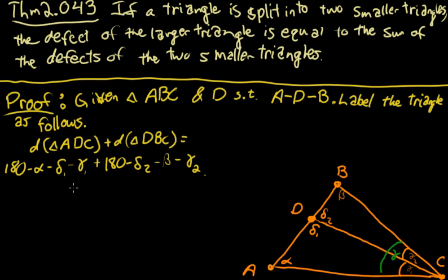which is equal to 180 minus alpha minus, and then we can combine our deltas, delta sub 1 plus delta sub 2, minus the gammas, so minus gamma sub 1 plus gamma sub 2, plus 180 minus beta.